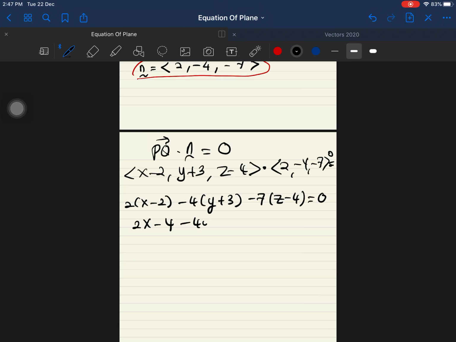Expand and simplify. 2x minus 4 minus 4y minus 12 minus 7z plus 28 is equals to 0. So therefore 2x minus 4y minus 7z plus 16, so plus 12 is equals to 0.